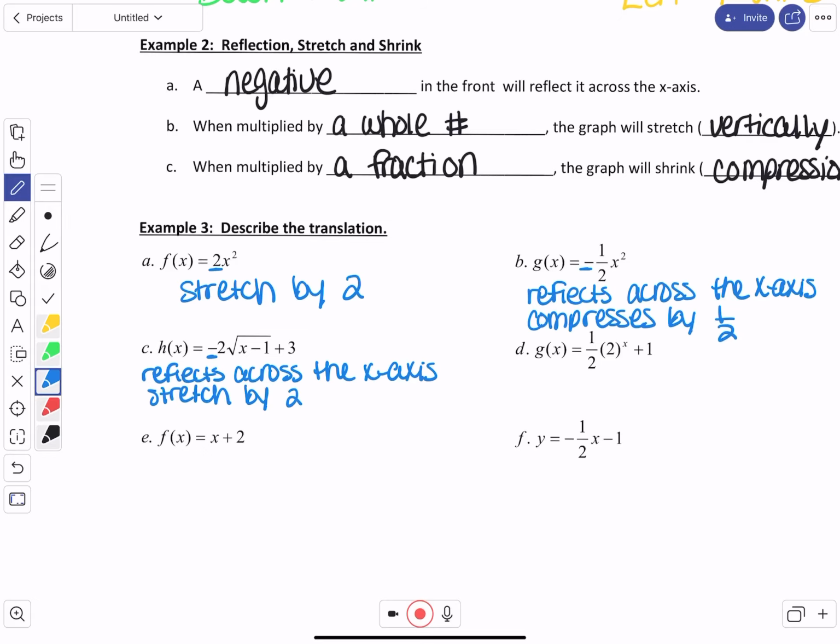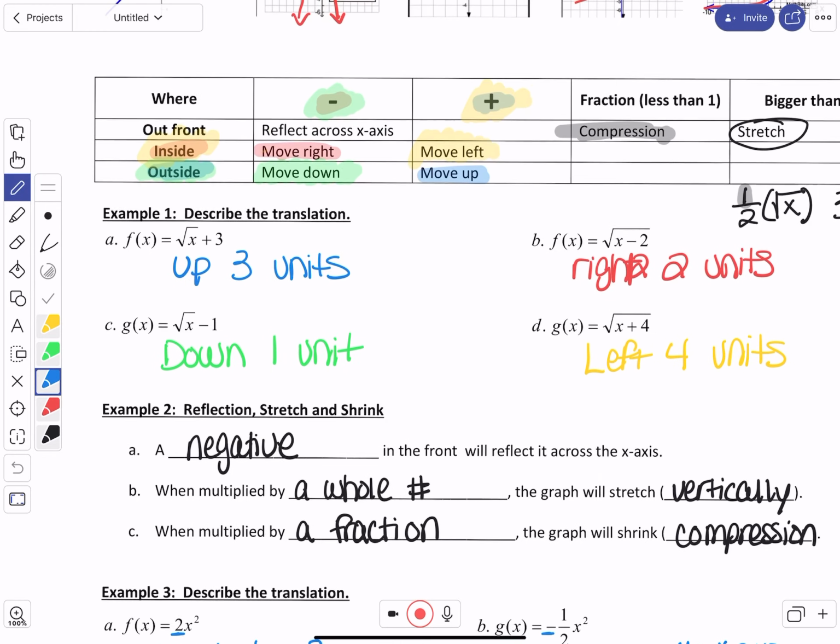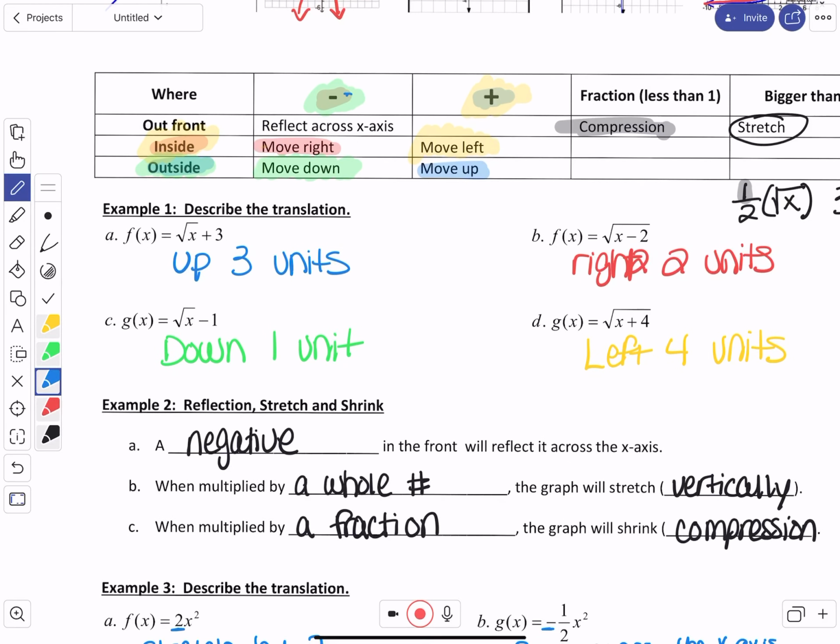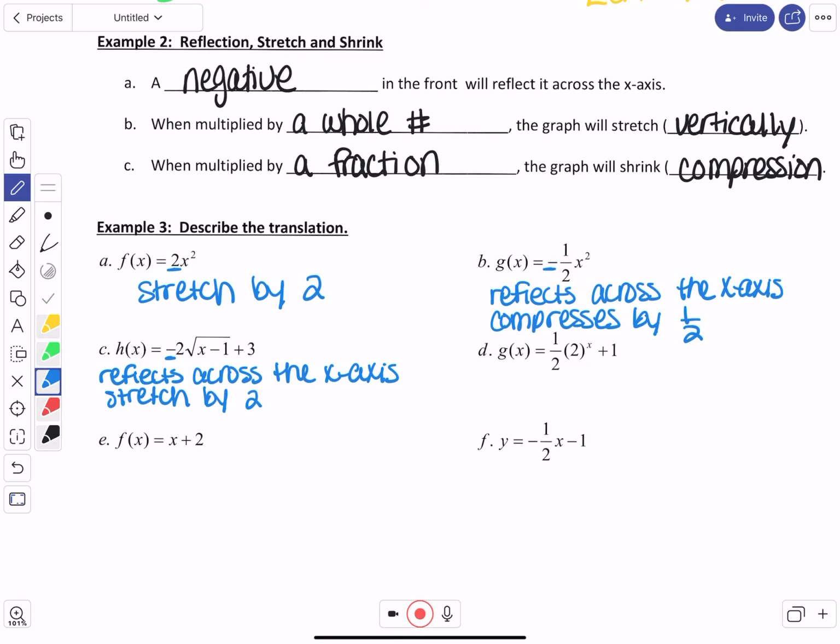So remember, a -1 on the inside, if we look back up here, you've got the minus right here. Here's the minus. And on the inside, so it's going to move right. So it's going to go right 2 units. And a plus 3 on the outside. So that means it's going to go up 3 units.